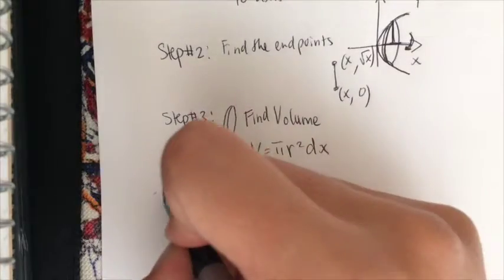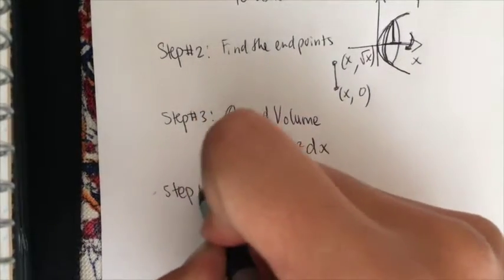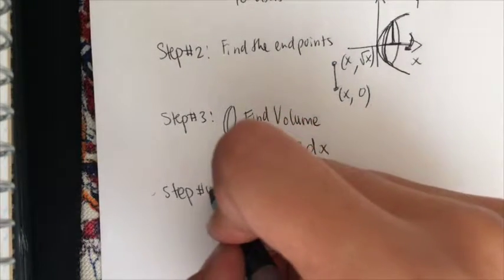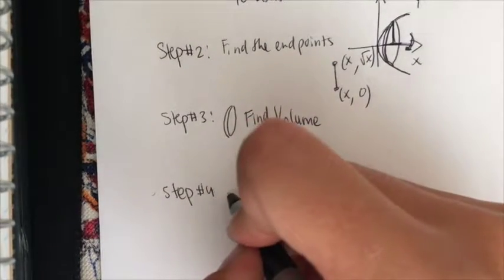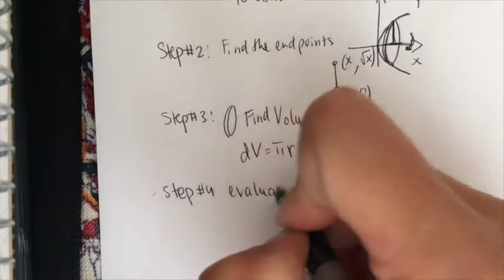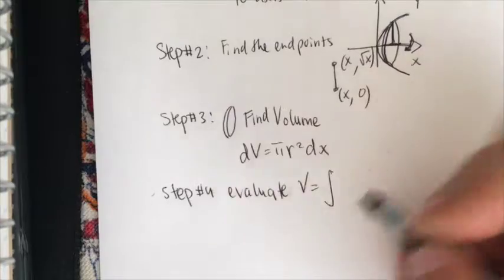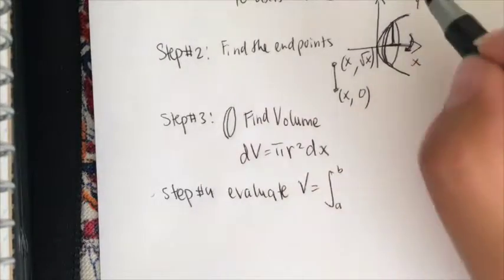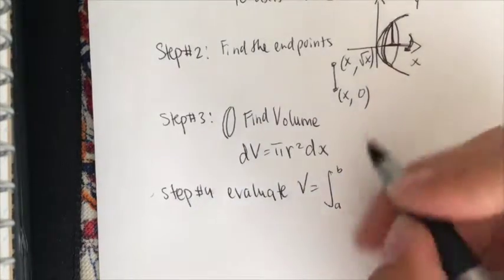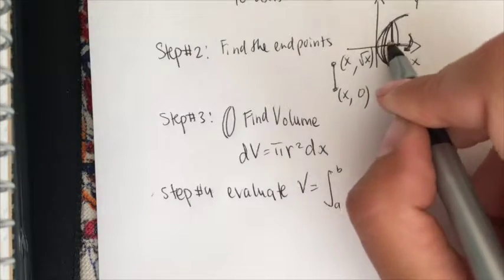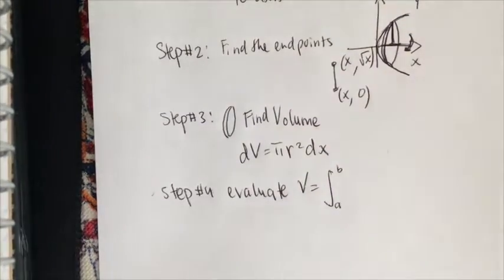And step number 4. Evaluate the integral. Our volume will be equal to the integral from some point A to B. So let's say we're going from 0, for example, to our point B. Let's say it will be 2.